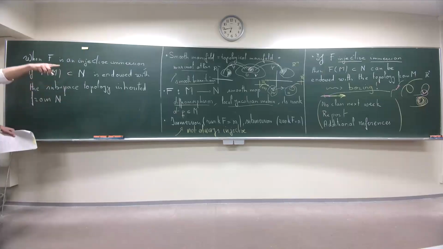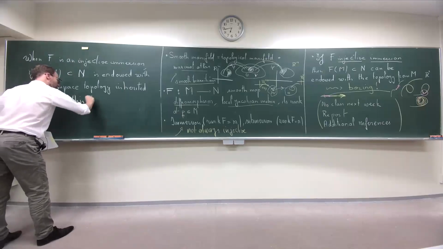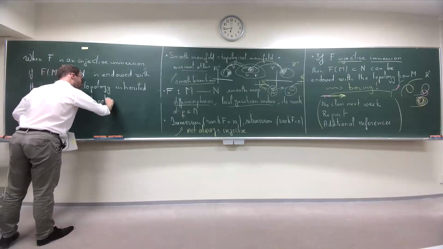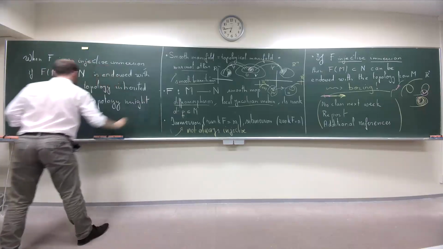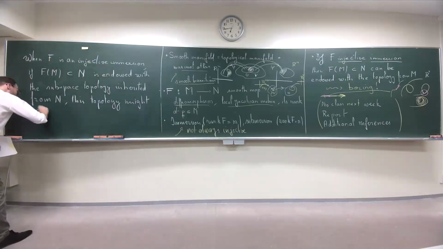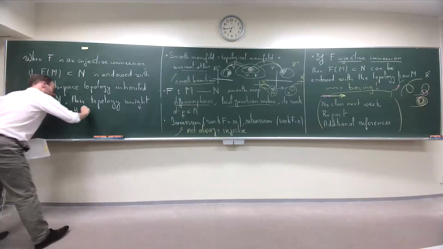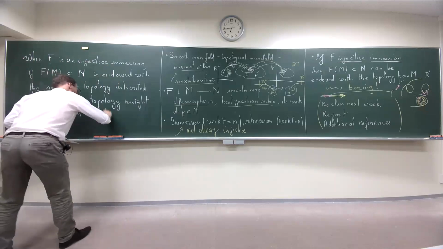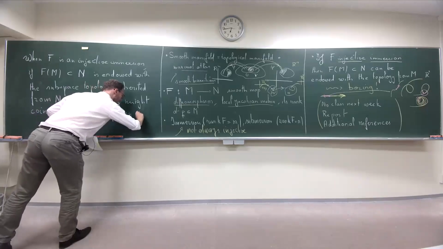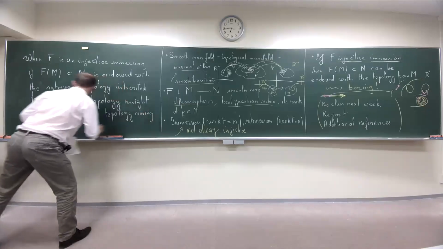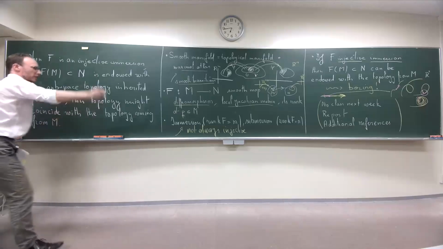So these are the two pictures I mentioned there. This topology might not coincide with the topology coming from M. This is what I try to explain with this picture.